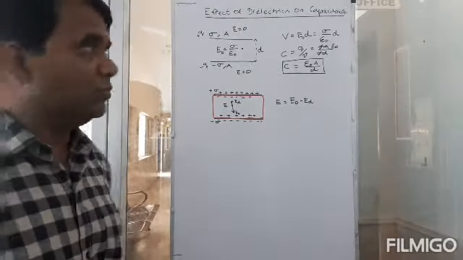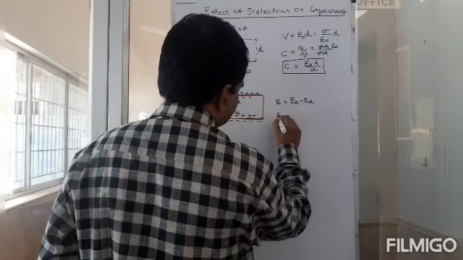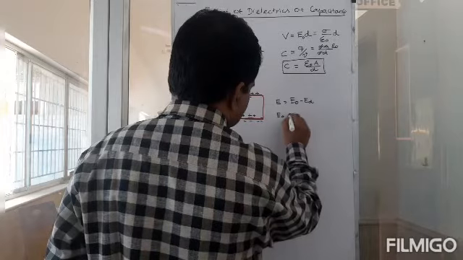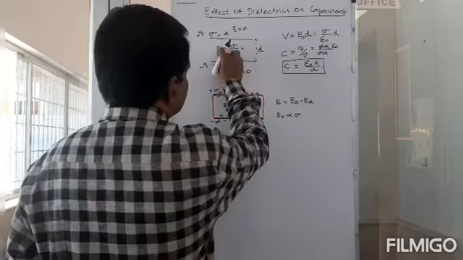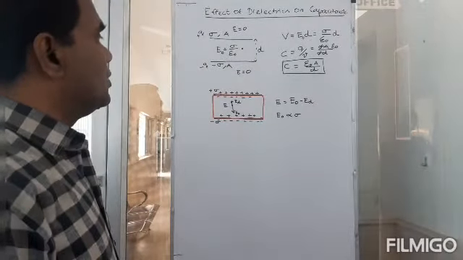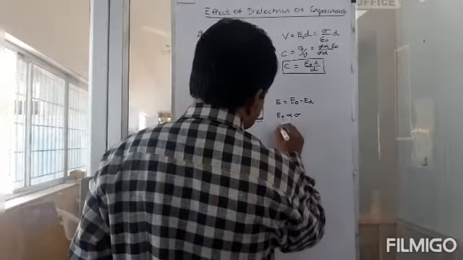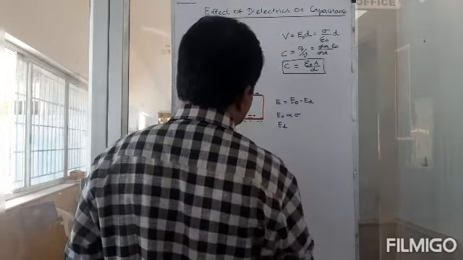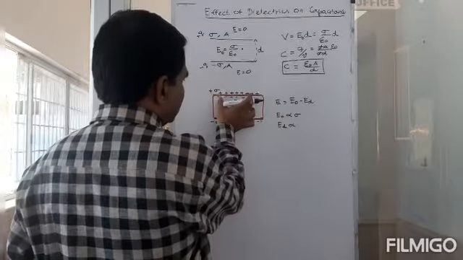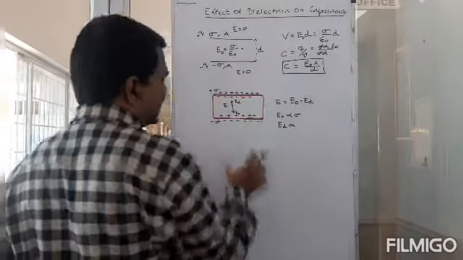So what else do you know? You know that E naught is proportional to sigma. E naught is equal to sigma by epsilon naught. So what about ED? ED will also be proportional to the sigma of the dielectric material, right?